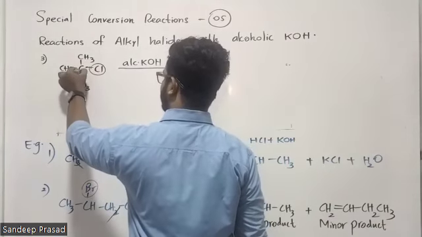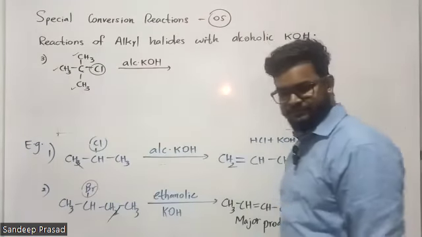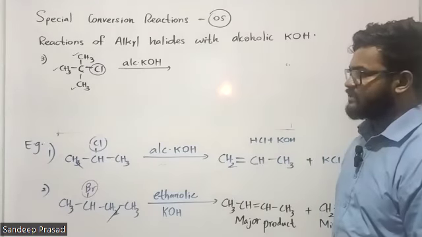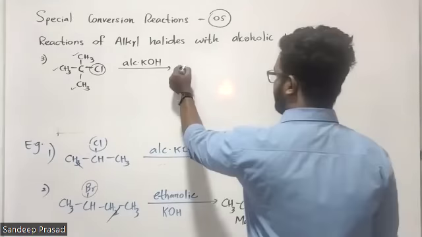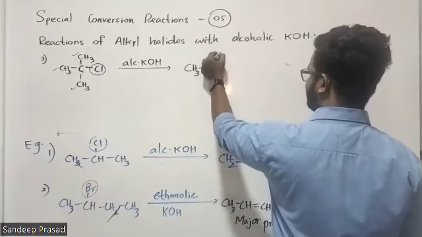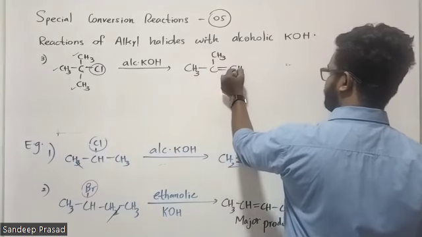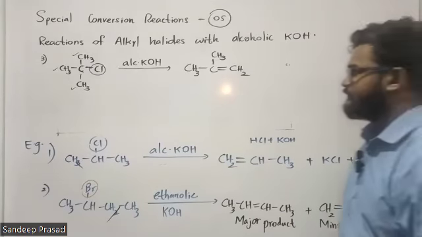So this carbon atom contains three neighbors. All of them are the same, right? So therefore, we can choose any of the carbon atoms and remove one hydrogen and write down the product. Easy, right?